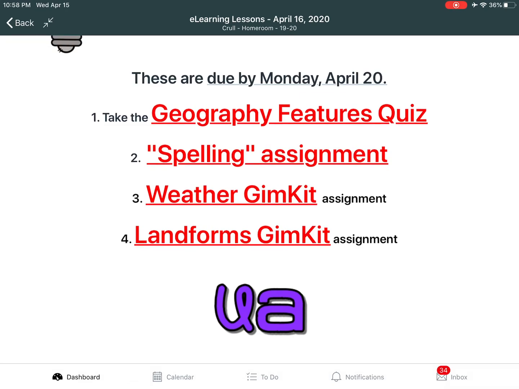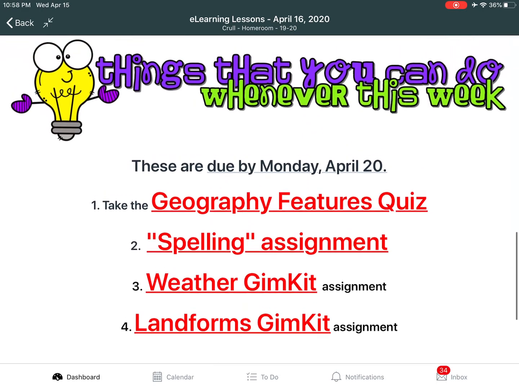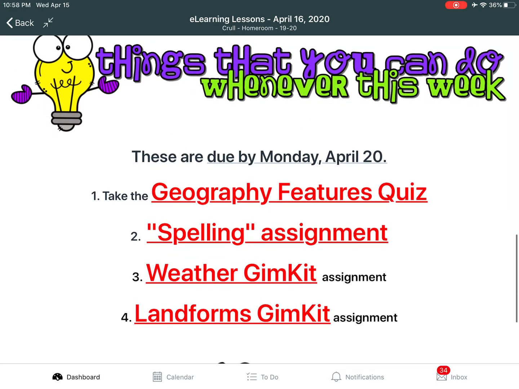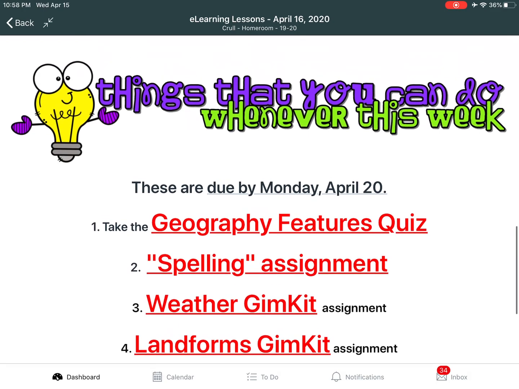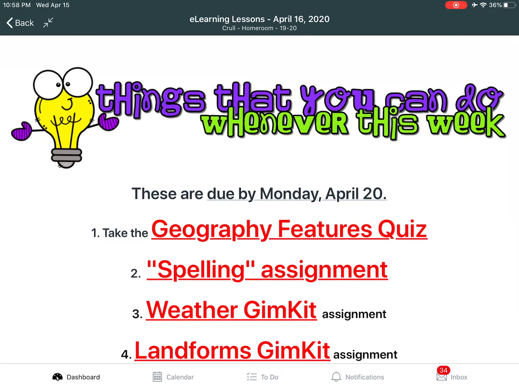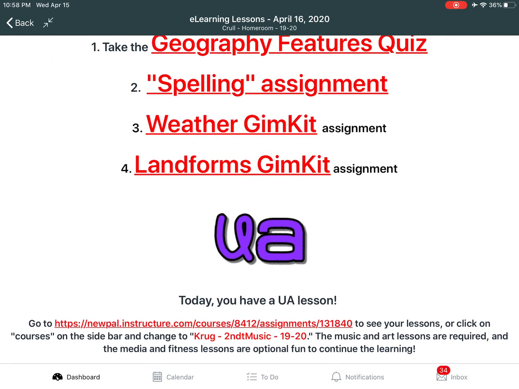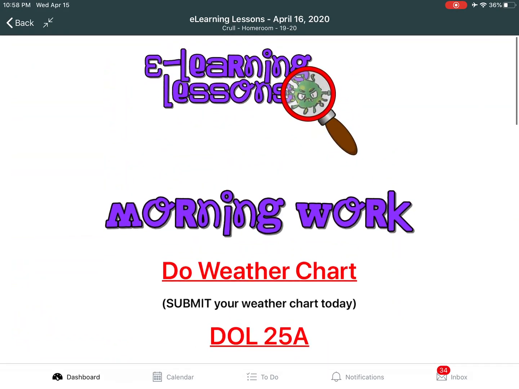Really, there's only like about 5 to 7 students on either one of these that don't have it in. Make sure that you do the spelling assignment. It's just one worksheet per week, and that you do the geography features quiz. All right, so that is that. Oh, and then you have UA. So Mrs. Krug, here are her instructions at the bottom. So that is what you're doing today.